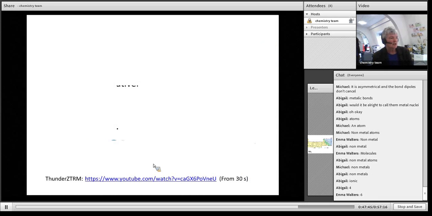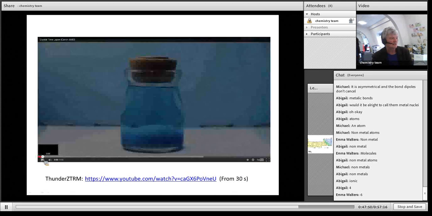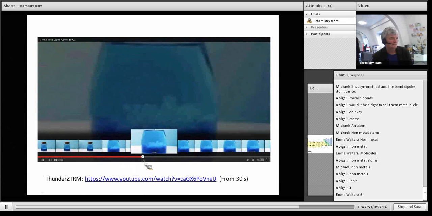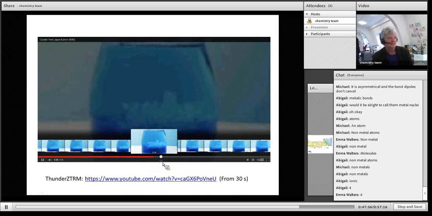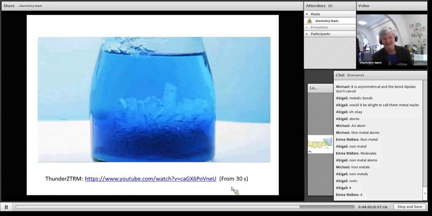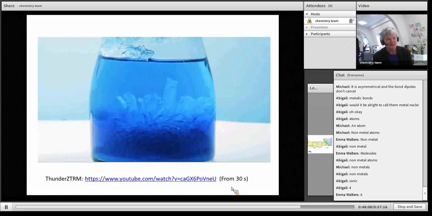So what I've got here, just because it's pretty, I'm going to start from round about 30. You can't hear the lovely music, I'm afraid, but I thought it was very pretty. This is how the ionic bonds add on in 3 dimensions.